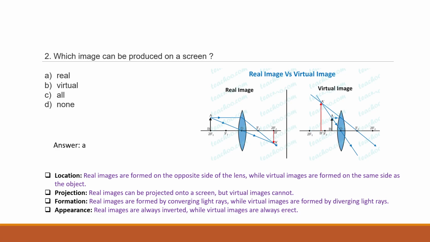Real images are formed on the opposite side of the lens, while virtual images are formed on the same side of the object. You can see here is your object, and your virtual image is on the same side of the object. Because this is a one-lens image, it is like this.